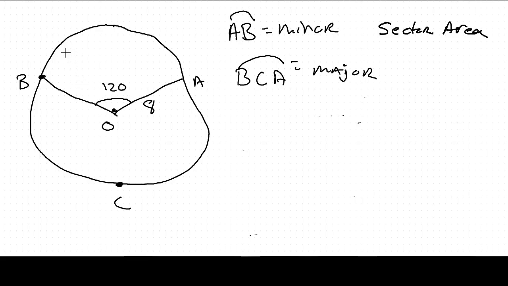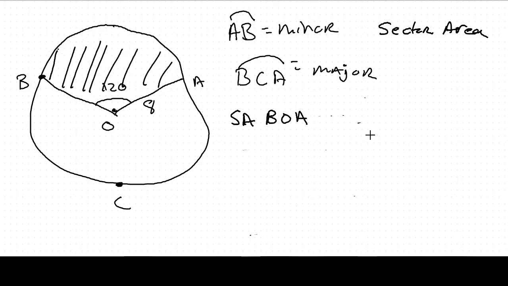If I was saying the sector area for BOA, that would be all of this area that I have shaded there. So it's just the area, and then just the perimeter. It's the exact same formula except I'm changing it to the area formula.